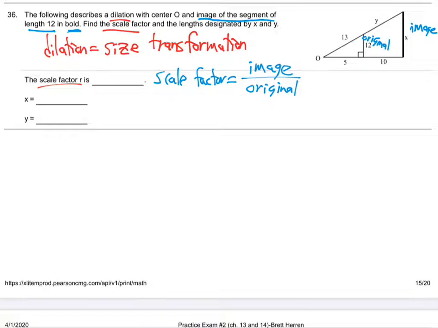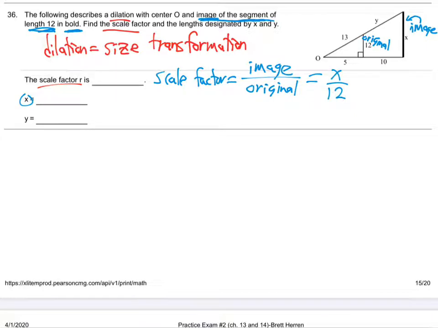They're saying the image of the segment of length 12, the image of him is in bold. So this is the image in bold right there. See, it's bold. So that X is bold, that's the image, and the original is the 12. So the scale factor is going to be the X over the 12, but that's no good. I don't know what X is, so I'm going to have to go down here and first find X, and then I'll come back up and find the scale factor.